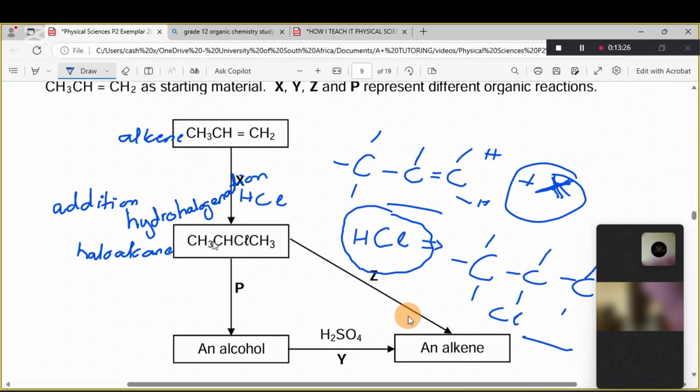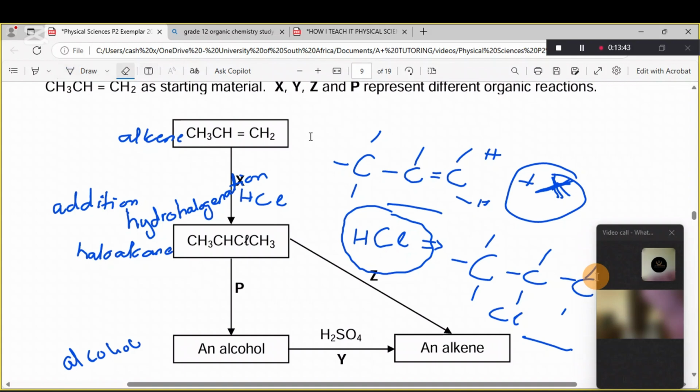Here we now had our haloalkane, right? We are now moving from a haloalkane to an alcohol, right? So what I want you to do is now you draw the same haloalkane we have. Let me erase this.